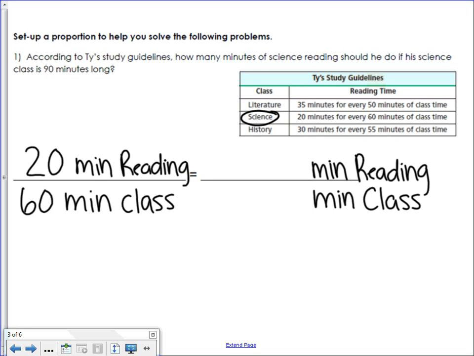So we want to know how many minutes of science reading he should do if his science class is 90 minutes long. So 90 minutes is class time, so that's going to go on the bottom.